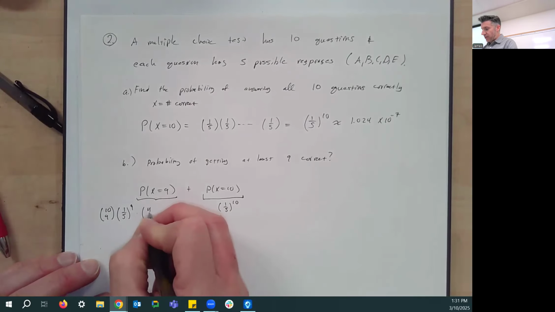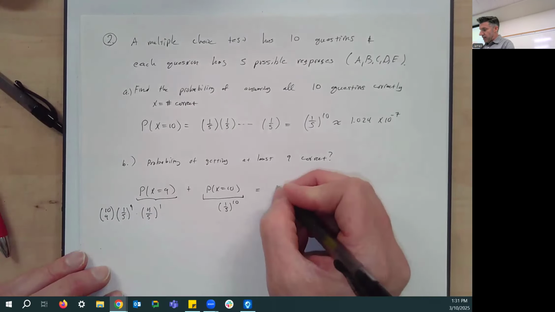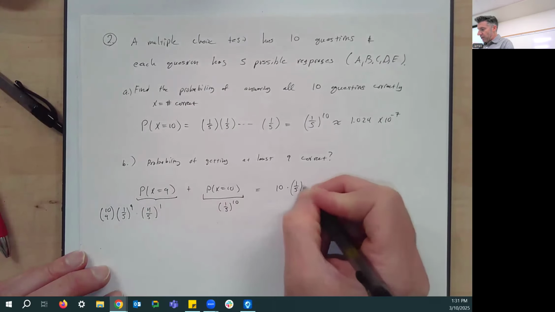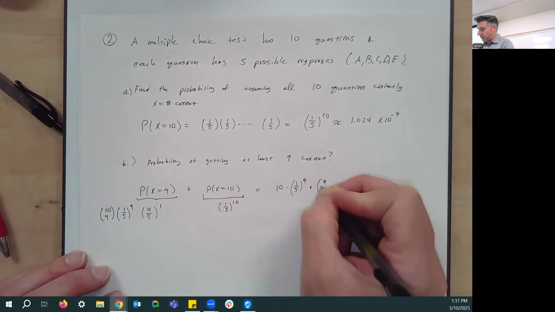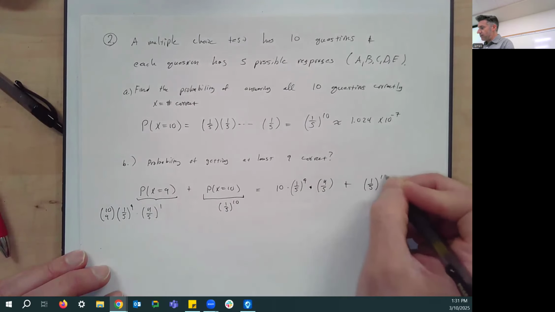Times 4/5 to the first. Which is still not very large, but we'd add those together, and that's what you get. You get 10 choose 9, which is 10, times 1/5 to the 9th, times 4/5 to the 1st, plus 1/5 to the 10th.